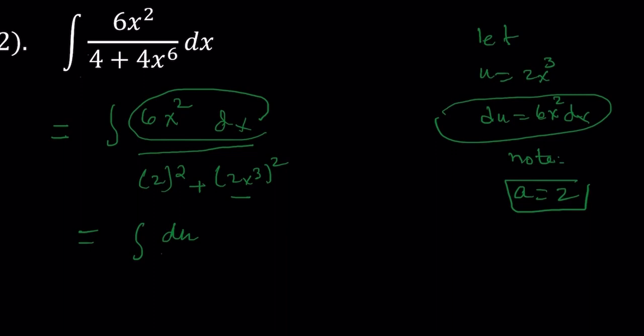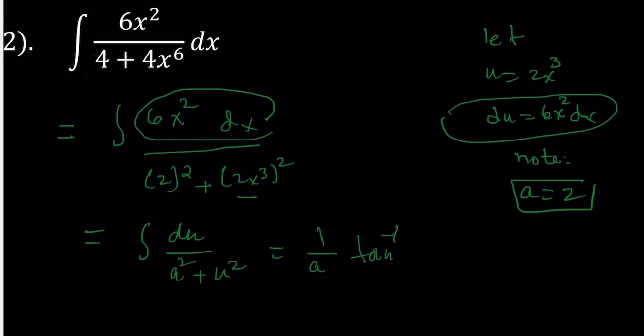And this is going to be my a to the second plus u. Remember that 2x cubed is my u to the second. Okay, so what is that? That is simply 1 over a arctangent or tan inverse of u over a.